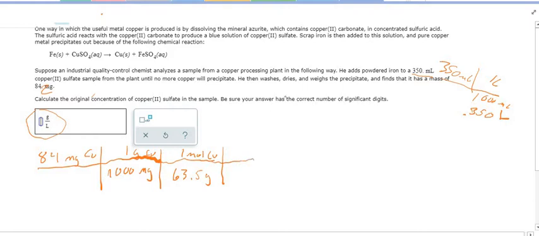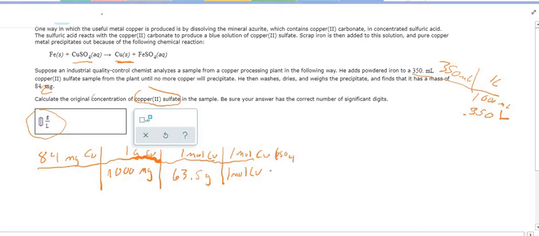Now it's asking me, what's the original concentration of copper(II) sulfate? From the equation, for every 1 mole of copper that is produced, I consumed 1 mole of copper sulfate. So it's a 1-to-1 stoichiometry. For every 1 mole of copper there is 1 mole of copper(II) sulfate, CuSO4.